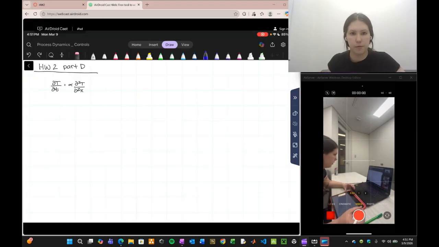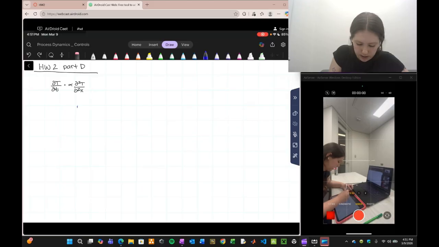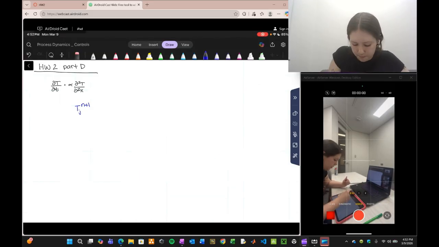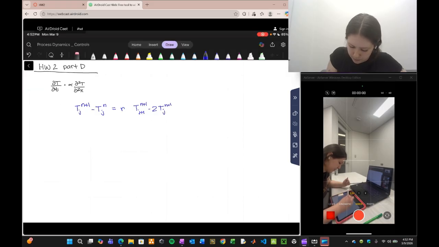So if you will recall from the last part, we had an equation of T at section j at time n plus 1 minus T of j at our current time equals R times T j plus 1 at n plus 1 minus 2 T j at n plus 1 plus T sub j minus 1 at time n plus 1.